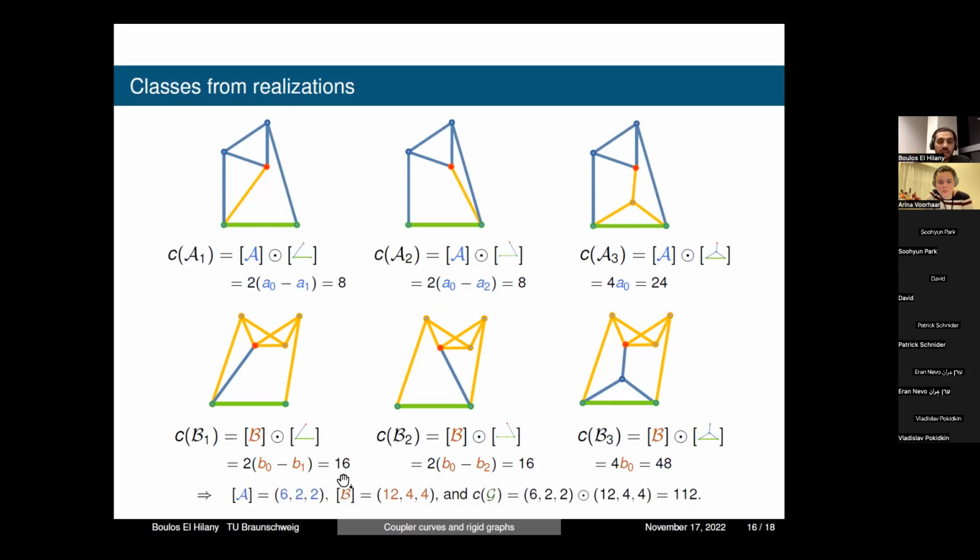Solving them, given that I know the realizations of each of those graphs, I obtain the classes of B. Okay, now I have those classes. I can multiply them to get the number of realizations of G, which happens in this case to be 100. Okay, is the algorithm clear?